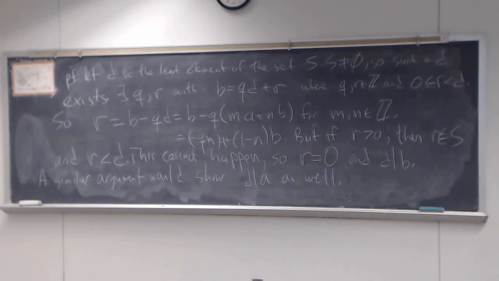So we proved the first part of the theorem: this strange element that we took as the least element of the set of positive integers of this type, D, does divide the two elements A and B. So it is a common divisor. What would make it the greatest common divisor? That is what we'll show next.